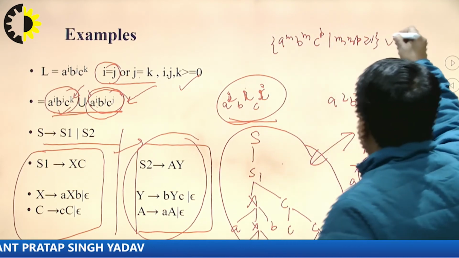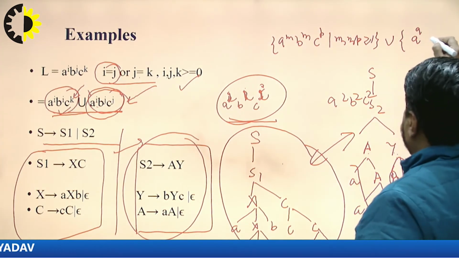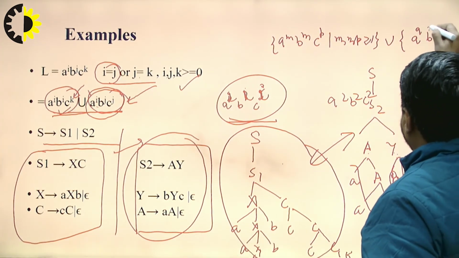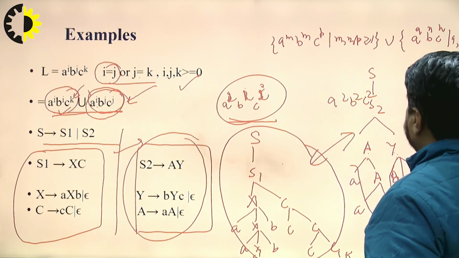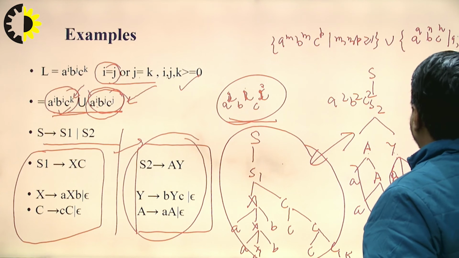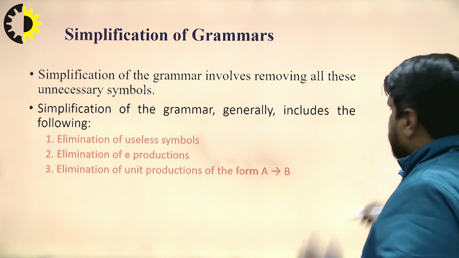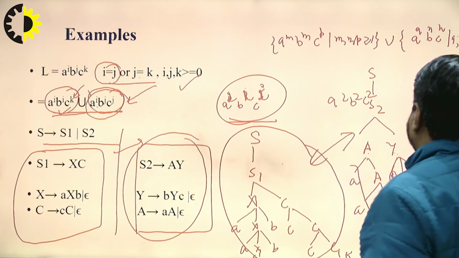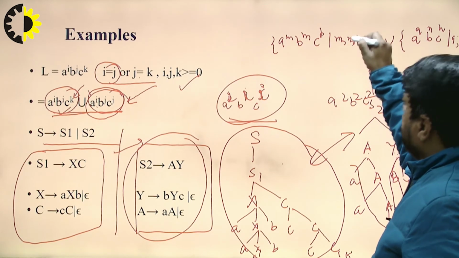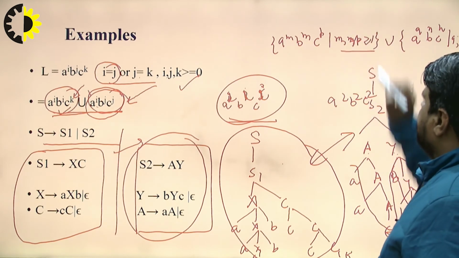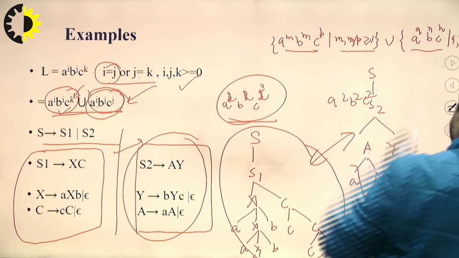And I have written union A to the power Q, after that B to the power N and C to the power N, where Q and N are greater than or equal to 1. So you can think of here M and P will be same, greater than 1. You can think whether a common string between both will be possible or not.